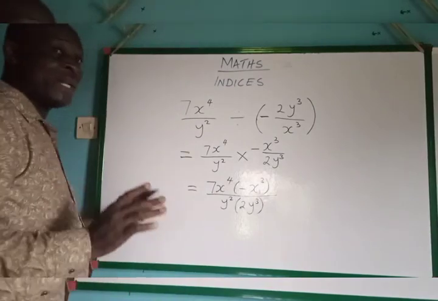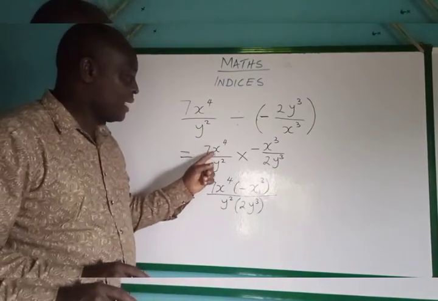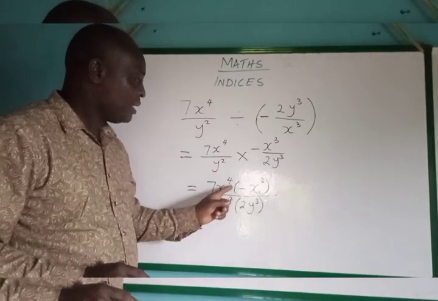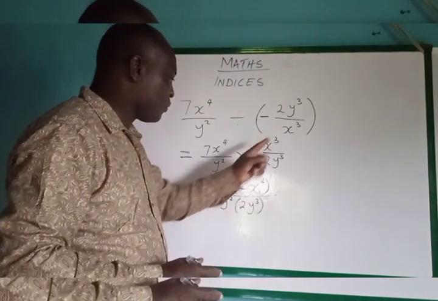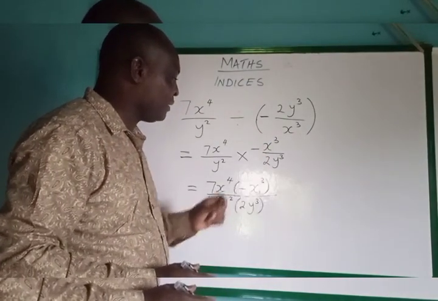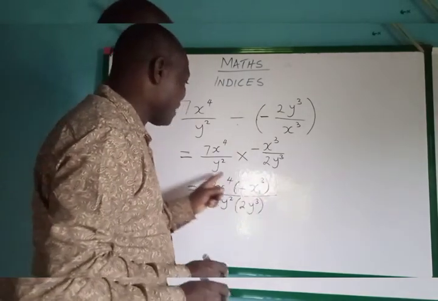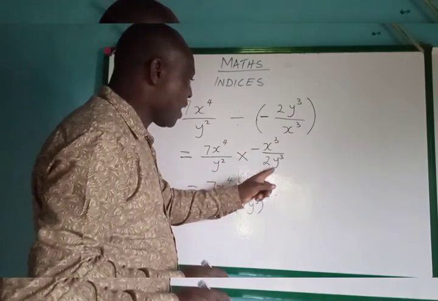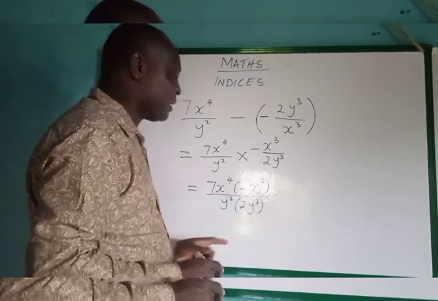That is what we are having now. Now let us go over this. 7x raised to the power 4 times, I'm introducing brackets for that, minus x raised to the power 3, close brackets, then divided by y raised to the power 2 times, introducing brackets, 2y raised to the power 3, close brackets.